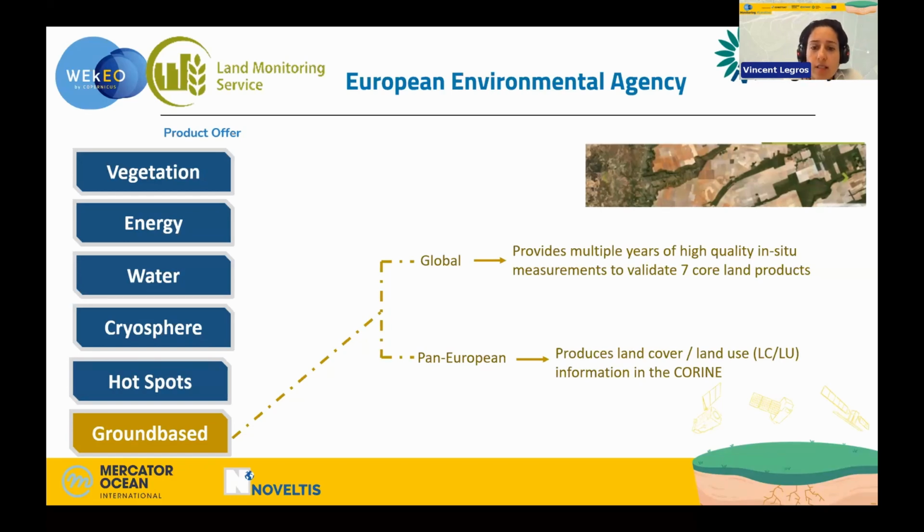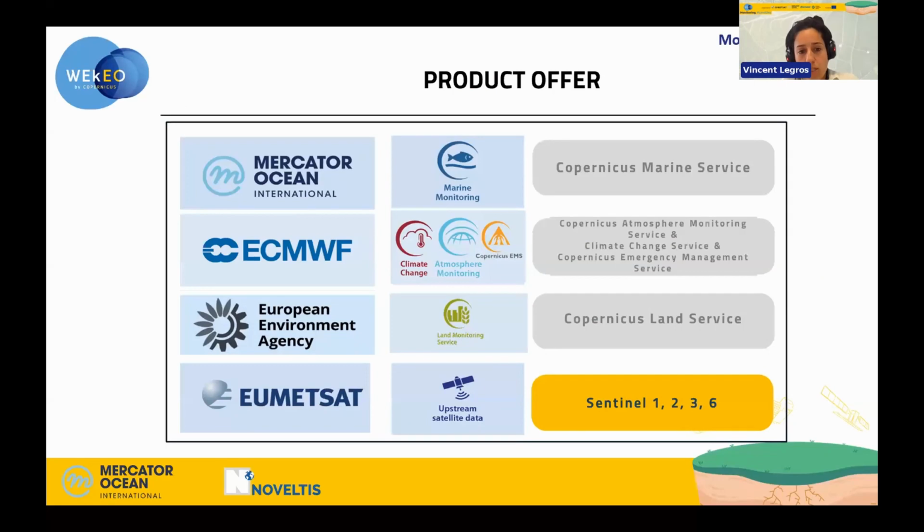So in this case, it provides multiple years of high quality in situ measurements which were used to validate geospatial land products and products like land cover and land cover use from also other satellite products.